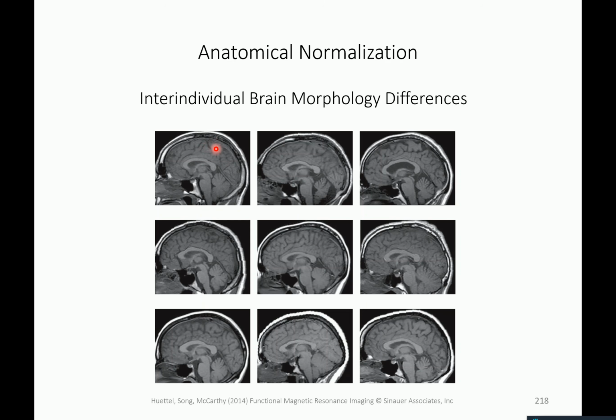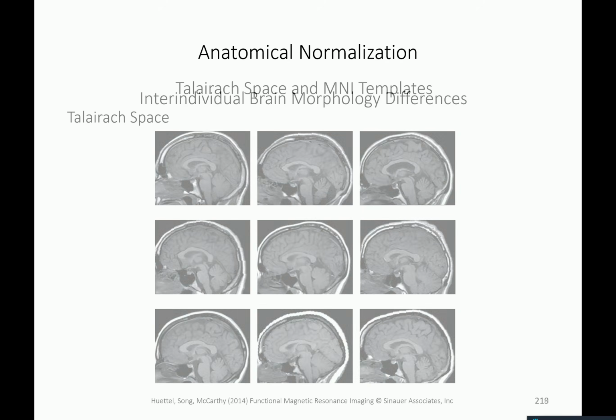So if you want to, on one single image, represent the activity of an entire group of participants, you need to make sure that each point in this image that represents the entire group of participants somehow represents each individual participant in a nice way, or in a meaningful way. And this essentially means that you somehow want to do away with this inter-individual brain morphology differences if you're doing group analysis.